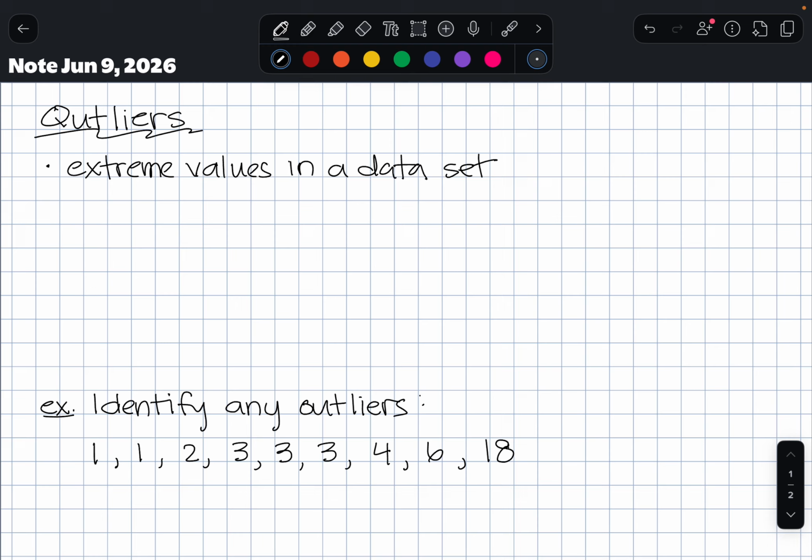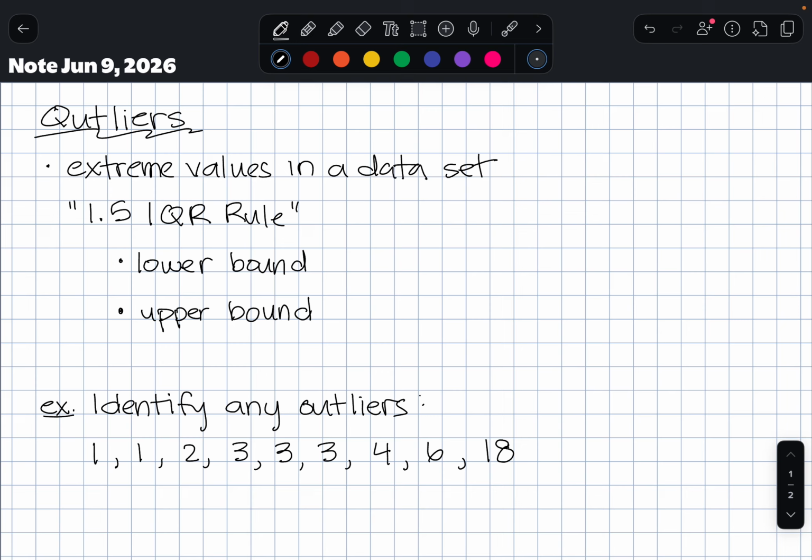So there's a couple of ways to do that. In this class, we're going to focus on one rule, the 1.5 IQR rule, which gives a lower bound for outliers and an upper bound for outliers. So these boundaries kind of enclose what we expect in terms of reasonable values based on our IQR, our measure of spread.